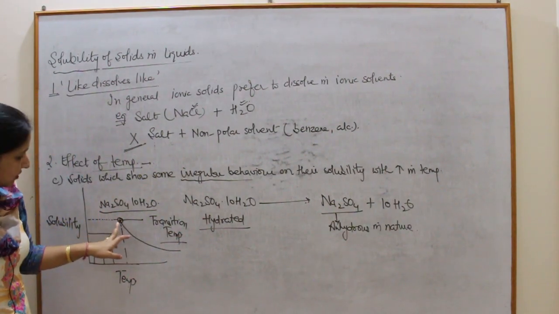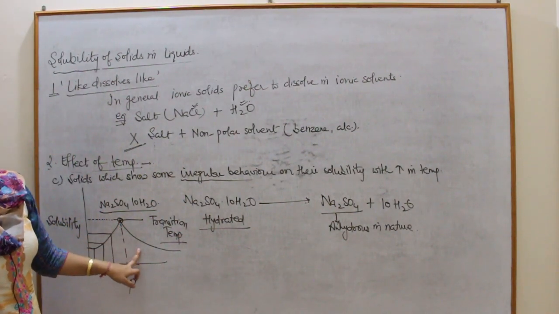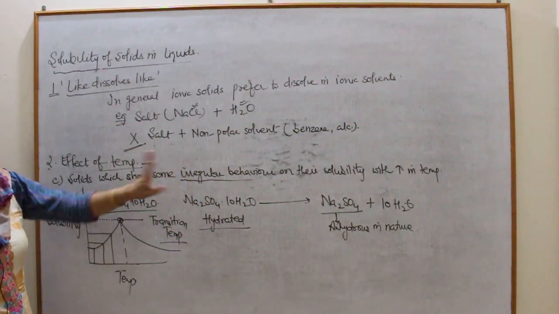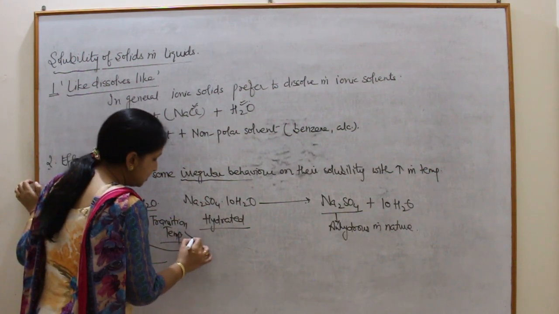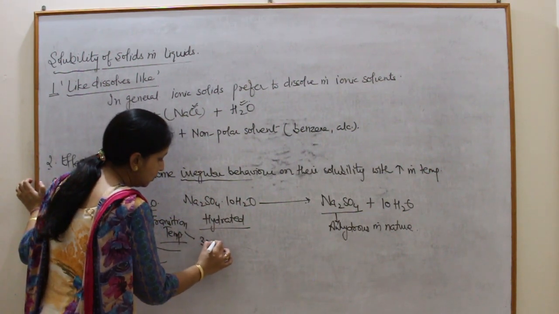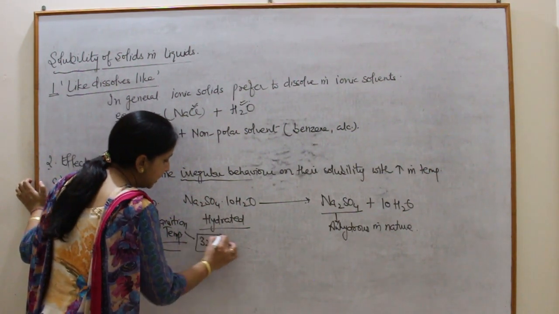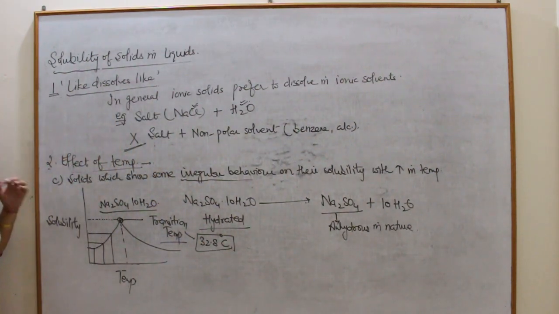That's why after this temperature, its solubility shows different behavior with the increase in temperature. And for this example, this transition temperature has the value 32.8 degree Celsius.